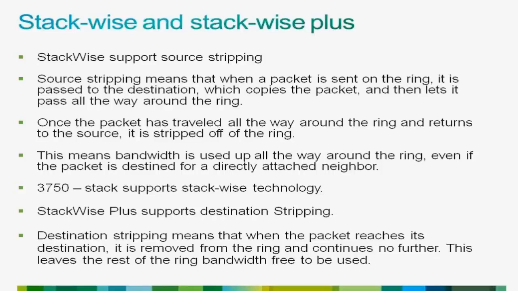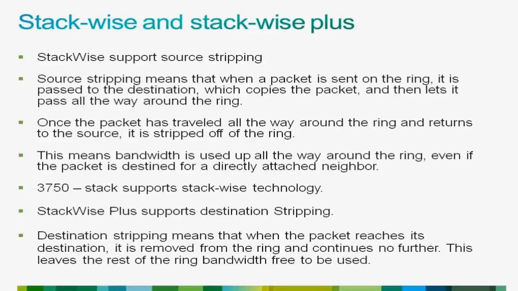As soon as it goes to switch 2, where the actual destination is, the destination will take the packet out of the ring, and in StackWise technology, the packet will still be forwarded around the ring, and it will be stripped off from the ring only when it reaches the source that sent the packet. The disadvantage in this technology is that even for a directly connected switch, the traffic will have to go through the entire ring.